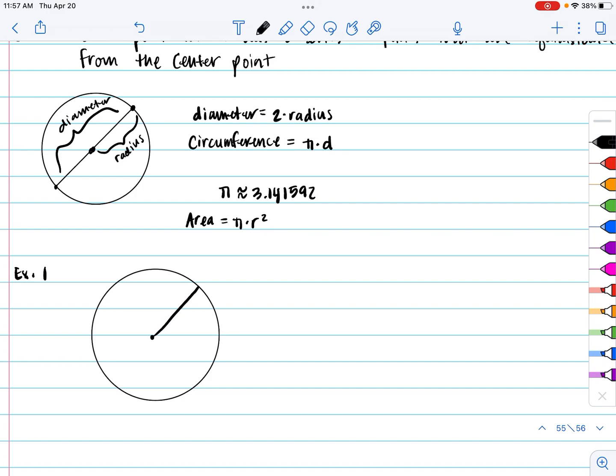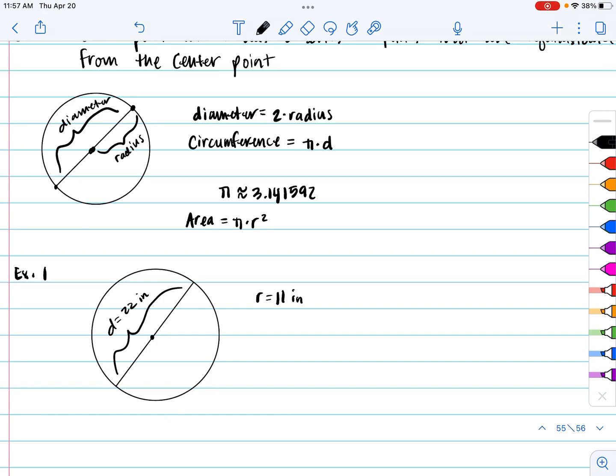I'm going to draw a center dot, and I'm going to say that the diameter, this distance, is equal to 22. Let's say inches. I got a 22-inch pizza. That's a very big pizza. But yeah, 22 inches. That means the radius is equal to half of that, which is 11 inches.